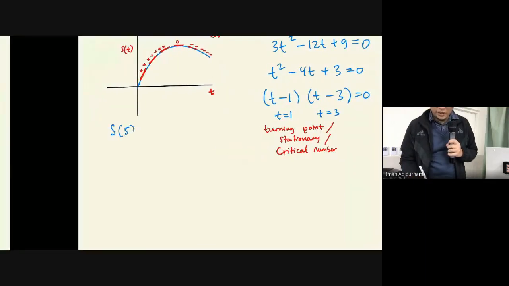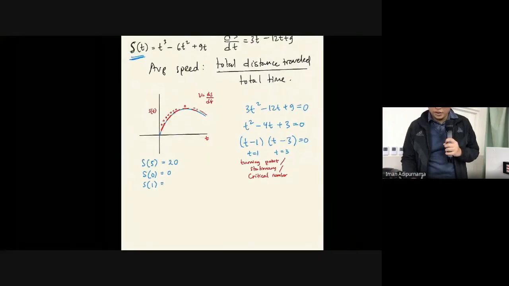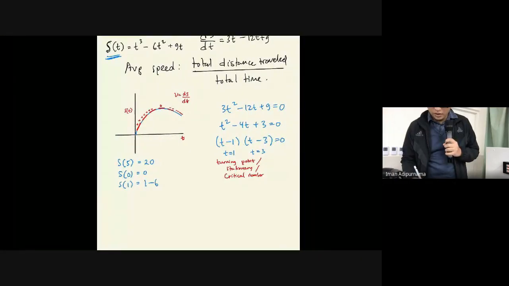We already counted s(5) is 20, right? s(0) is 0. Let's check s(1): 1 minus 6 plus 9, it's 4.